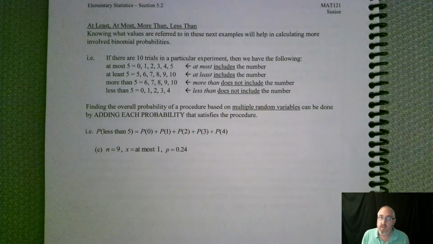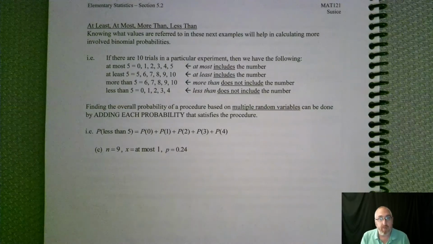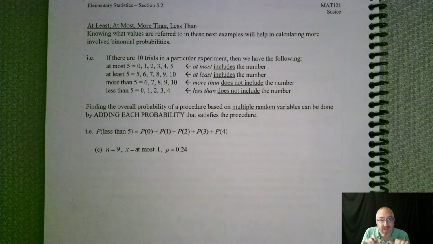So why is this important? Well, when we're trying to find probabilities that refer to at most, at least, more than, and less than, we need to know what individual cases are being described. Because if we want to find the overall probability, we just need to look at those individual probabilities and add them together.